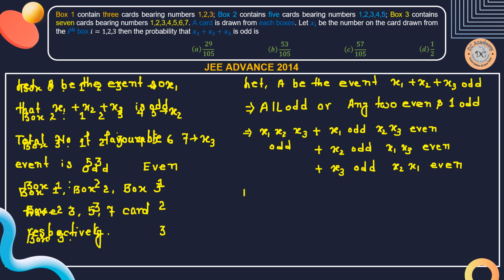So the total number of favorable events.